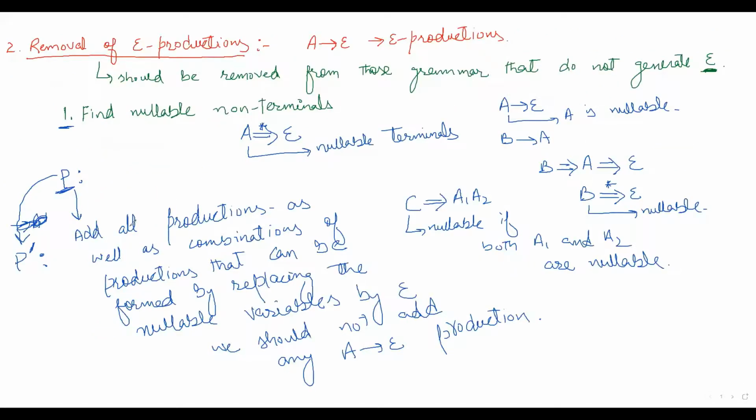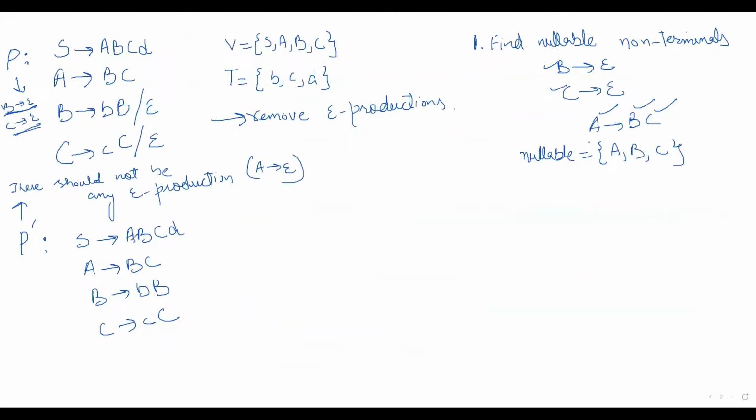And what I am saying is, add all productions as well as combinations of productions that can be formed by replacing the nullable variables by epsilon. So not only do you have to add these productions, but you have to add all other productions that can be formed by replacing nullable non-terminals with epsilon.